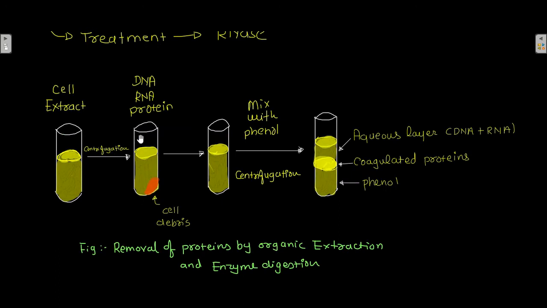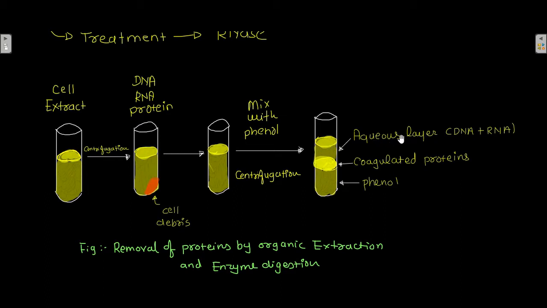So this is how the process looks. You have a cell extract, which you get after lysing the cells with detergent. This is subjected to centrifugation. After centrifugation you have cell debris, and in the solution you have DNA, RNA and protein. Then you add a phenol chloroform solution and centrifuge it, and you get an aqueous layer.